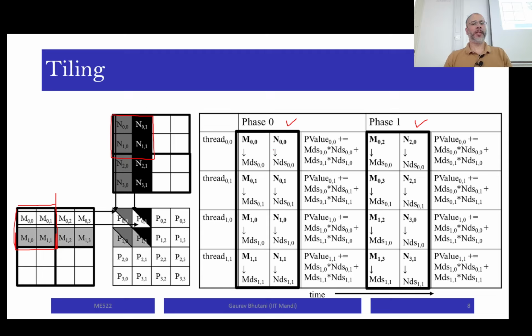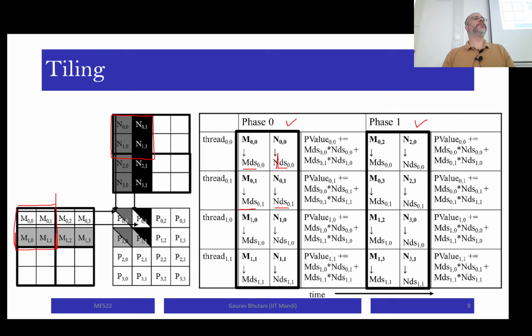Shared memory is what we are calling, in this case, MDS, just a name of a variable. M is for M, D is for device, and S is for shared. So M on the device's shared memory, and likewise NDS. Similarly MDS 01, NDS 01 and so on.